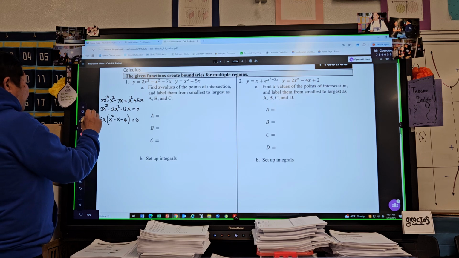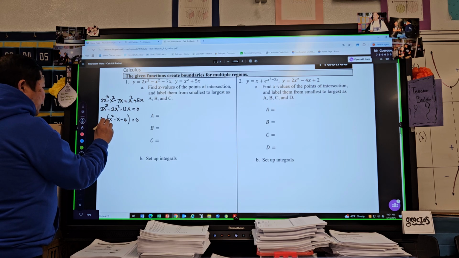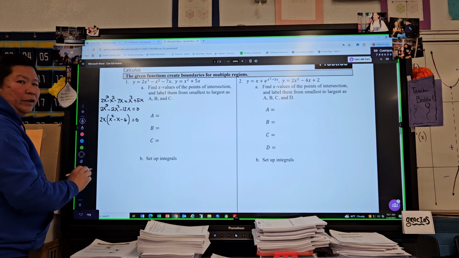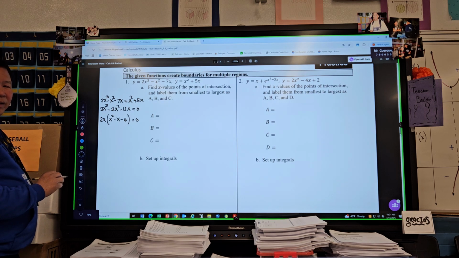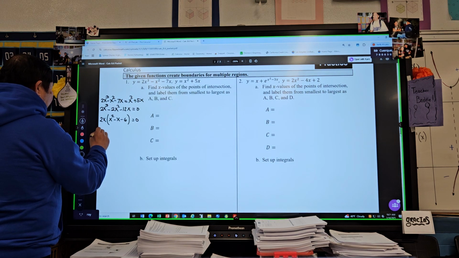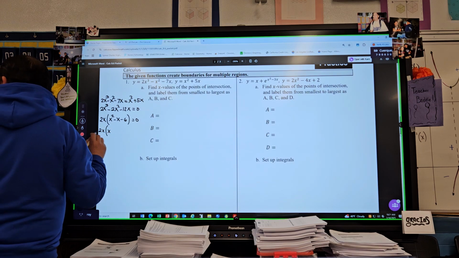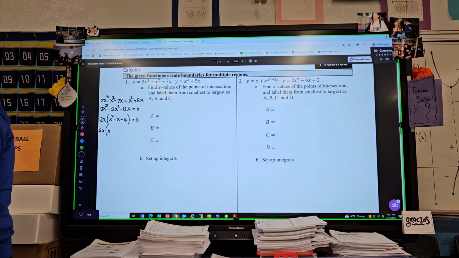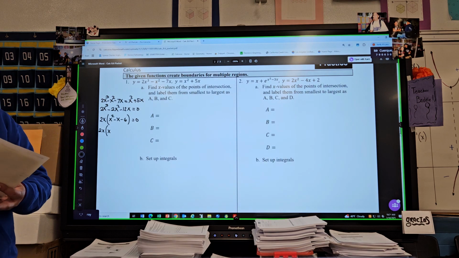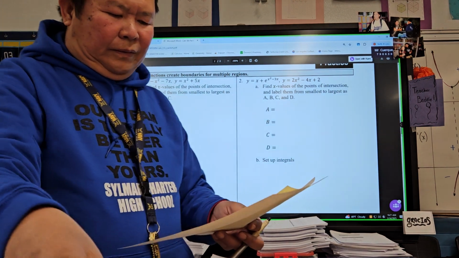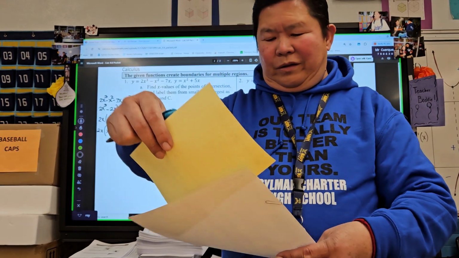Can we still factor this one? It's negative 3 and positive 2, right? So we have 2x times x minus 3 times x plus 2.